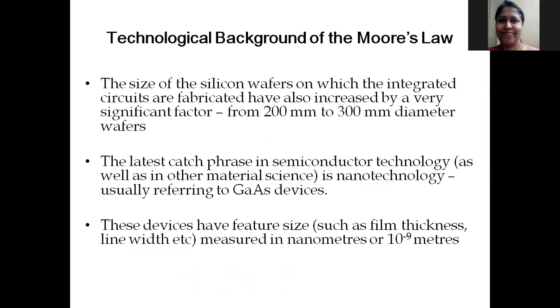So we now have the size of the wafer also varying, that is, it has reached a size of 200 to 300 diameter, and the material we have been using for making chips is also being changed, and the film size is in the range of 10 raised to minus 9 meters, that is nanometers.